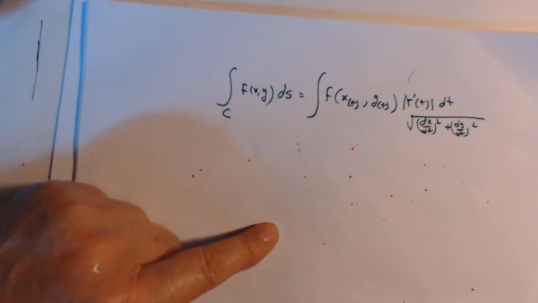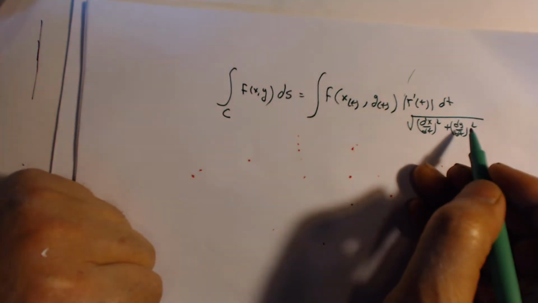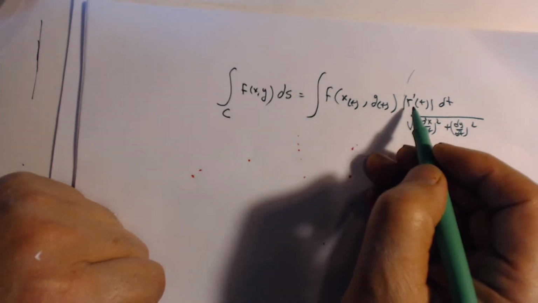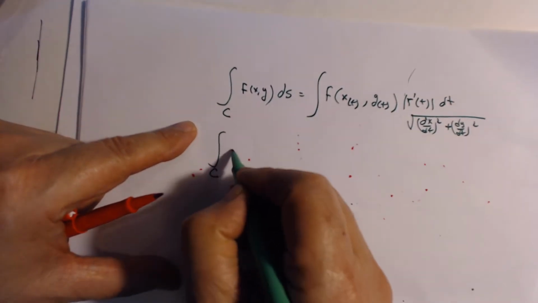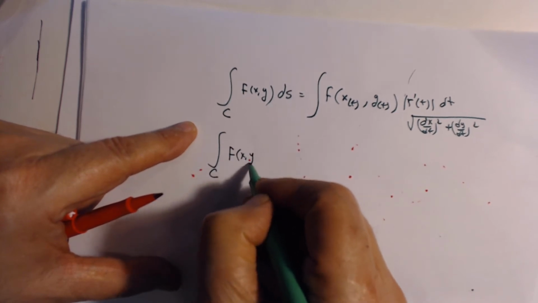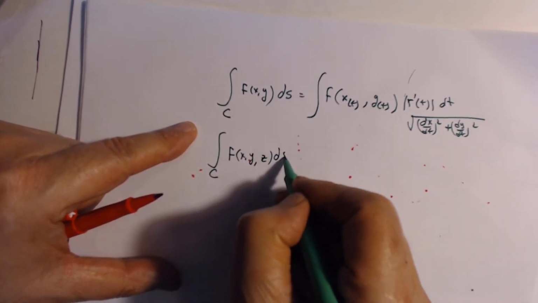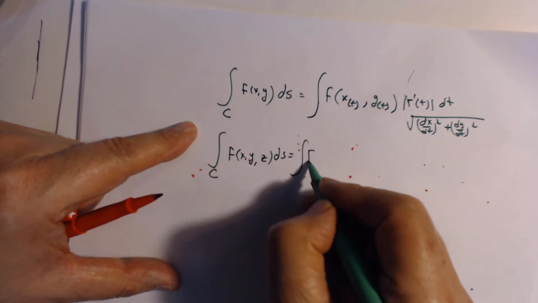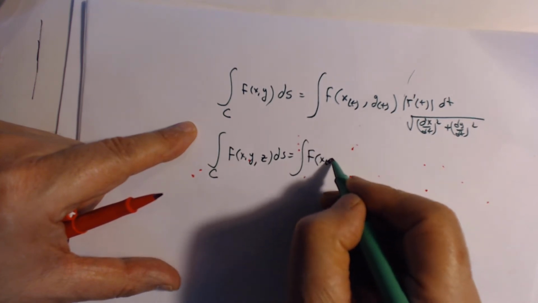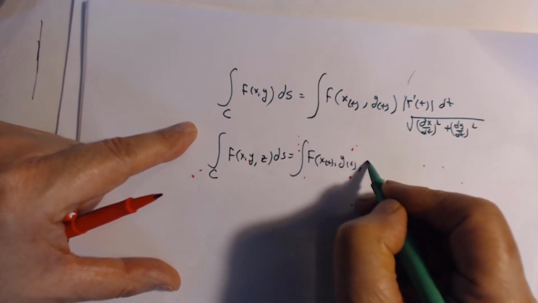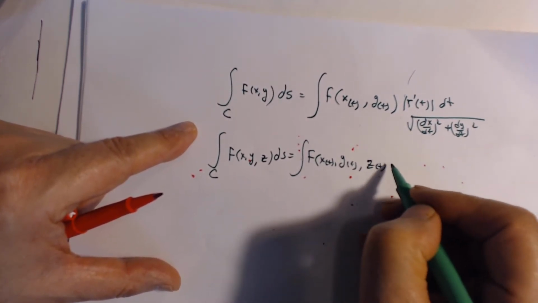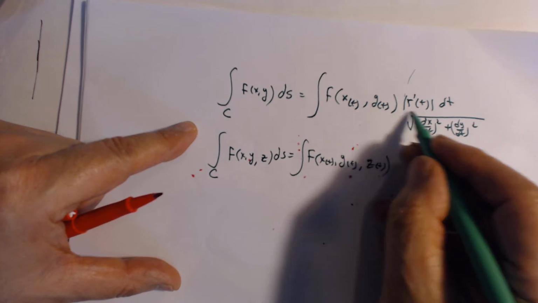Therefore, you have to do this if you have a function of 2 variables, and if you have a function of 3 variables like f of x, y, and z, ds, the x has to be parameterized, the y has to be parameterized, the z has to be parameterized, and you have to multiply by the arc length.